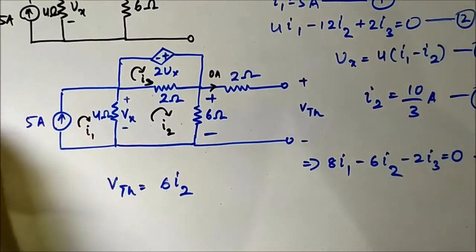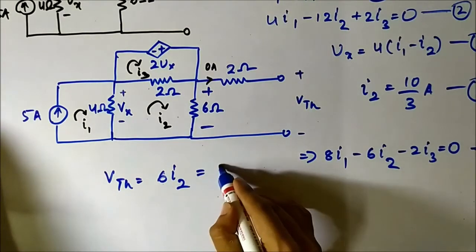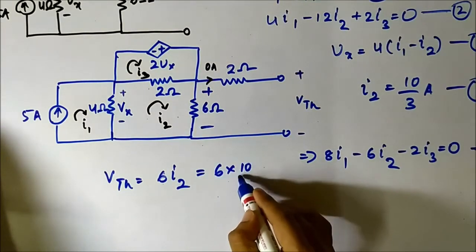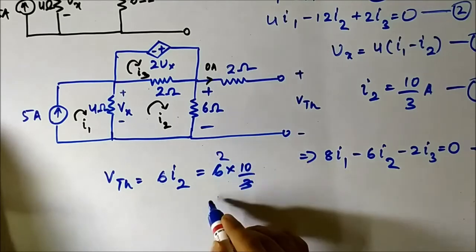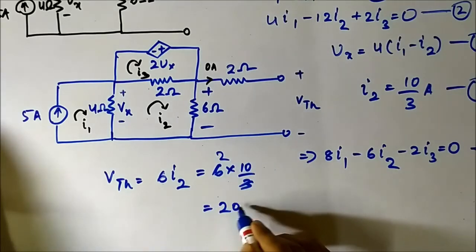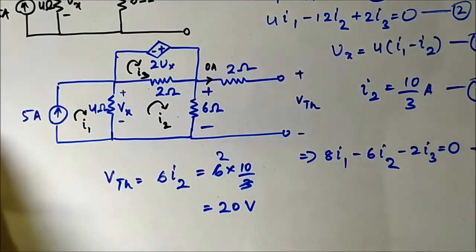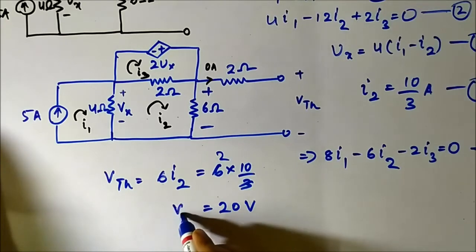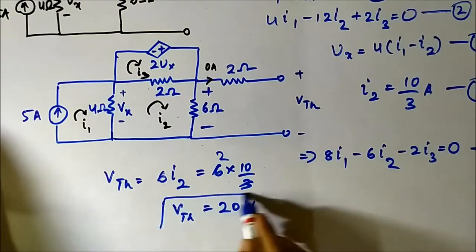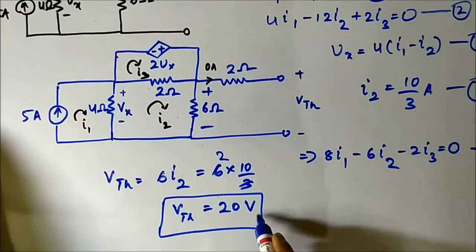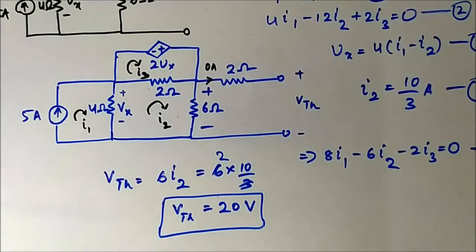I2 value we know. So VTH is 6 into 10 by 3, which is equal to 20 volt. VTH is 20 volt. The value of VTH we have got.